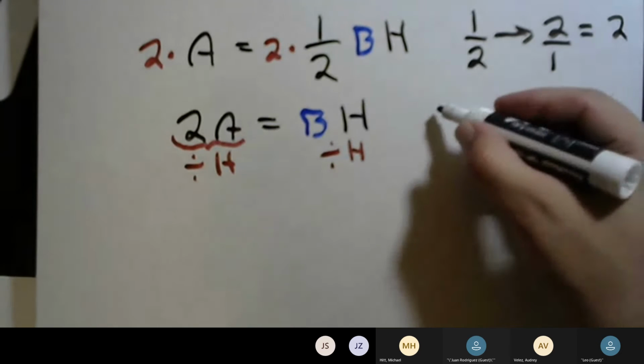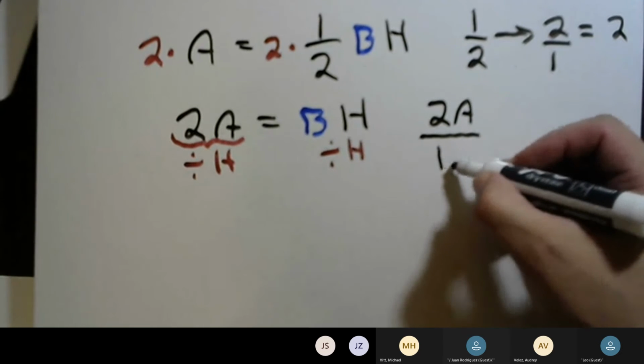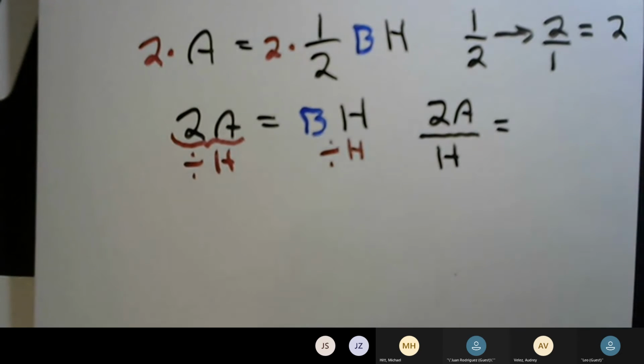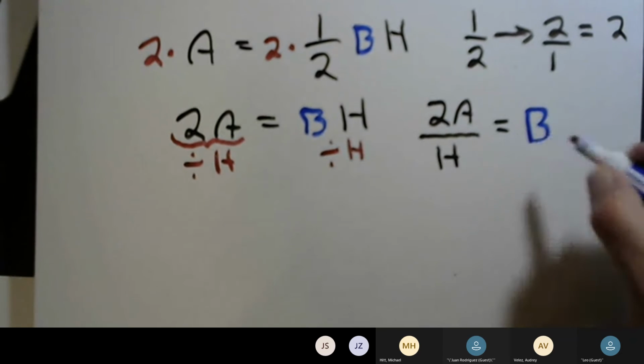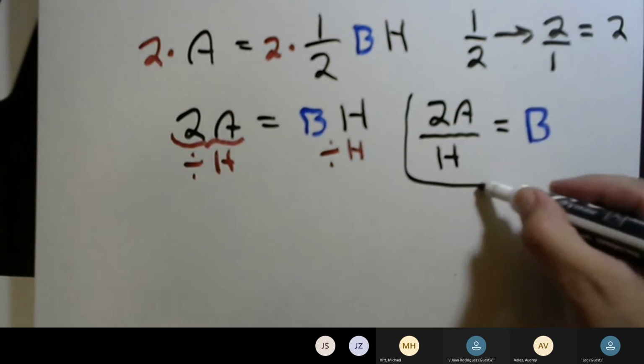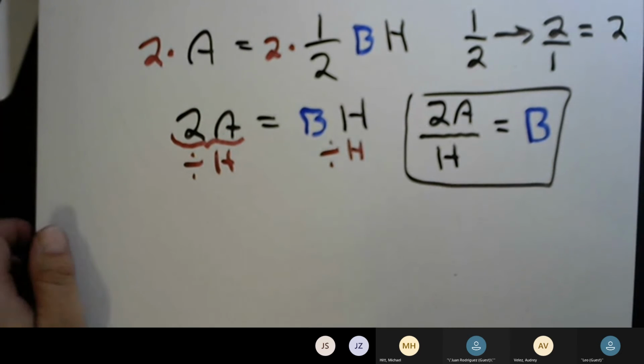The entire side. So we're dividing 2a, the whole thing, by h. And that's going to give us b. Questions about that? All right.